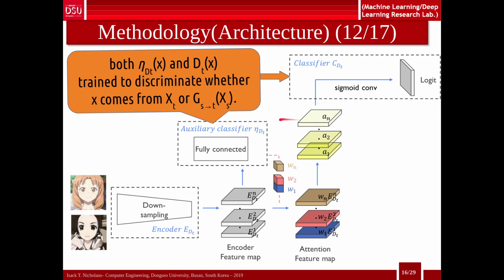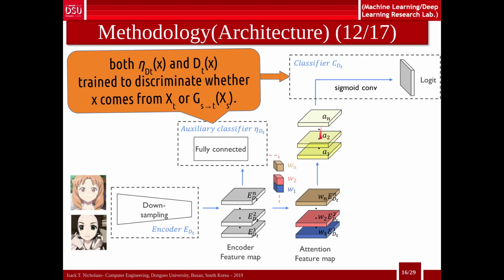So if the sample came from the generator, this auxiliary classifier will try to find exactly this attention feature map which differentiates whether the given input came from the target or from the source.